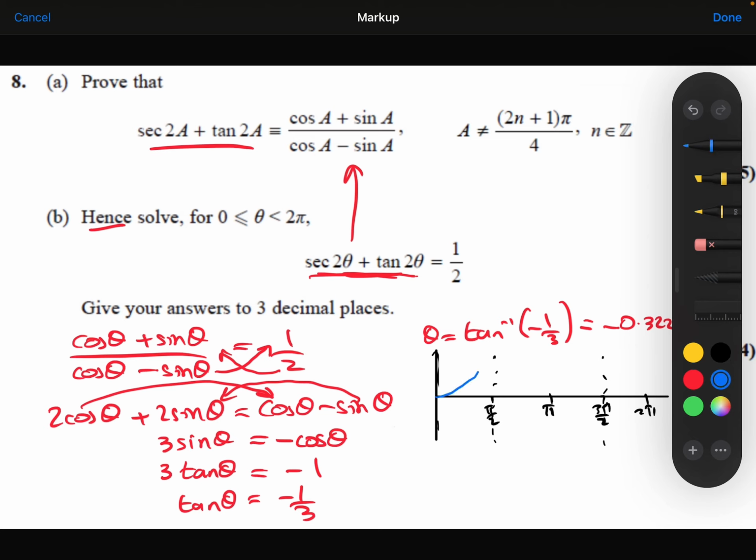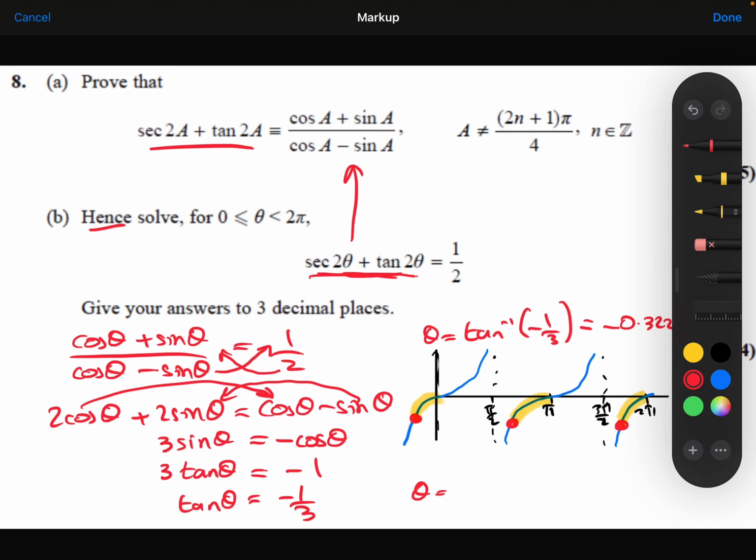Our tan graph looks like this. And our solution that our calculator gave us was here. So we know there's going to be another answer here and another answer here. We saw that this was minus 0.322. So if I do pi, take away 0.322, and then I'll do 2 pi, take away 0.322.